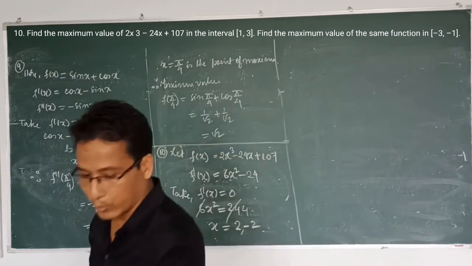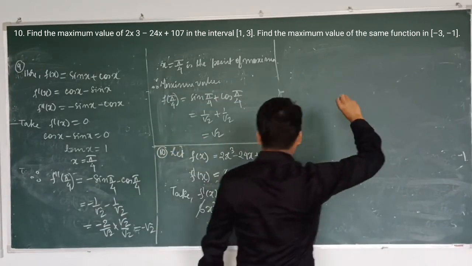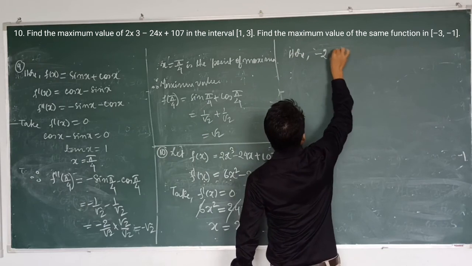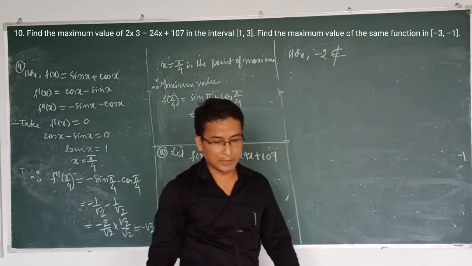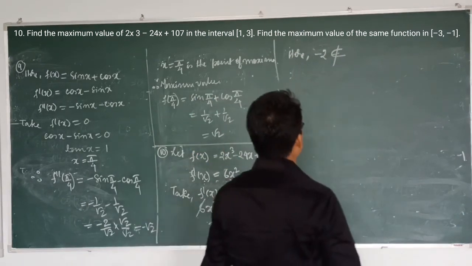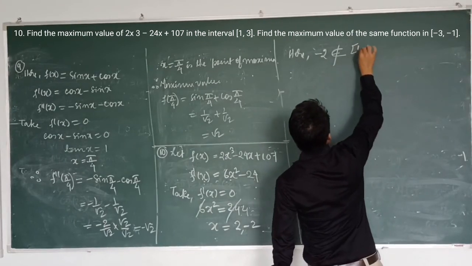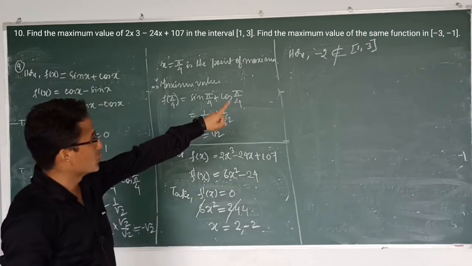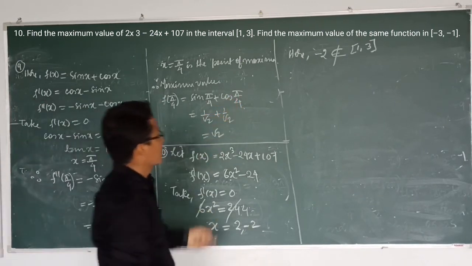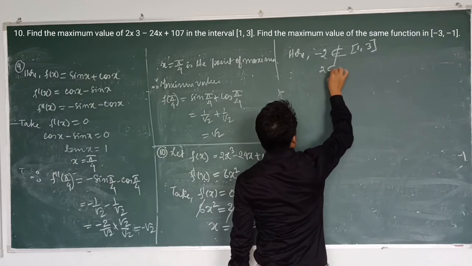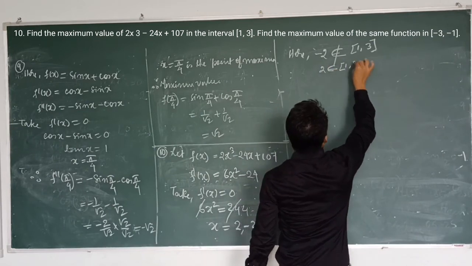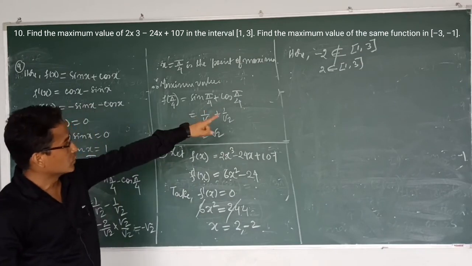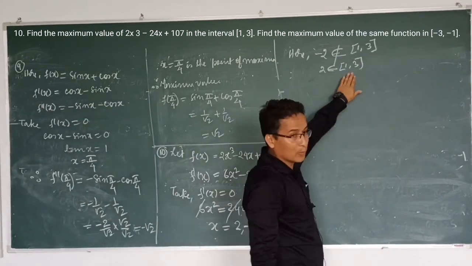Here minus 2 does not belong to 1 to 3. So we take 2, which belongs to 1 to 3. We take x equal to 2 and find the value at all three points.